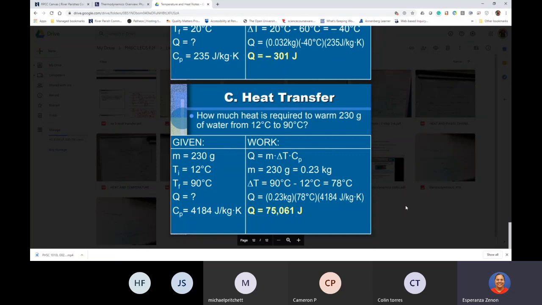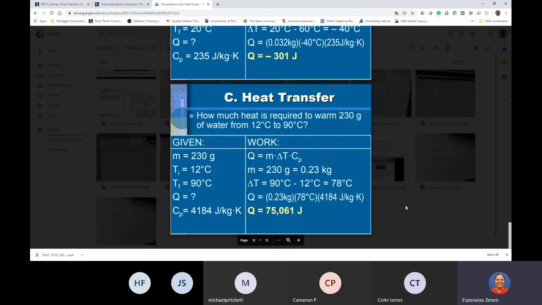Now just substitute into the formula. M is 0.23 kilograms. Delta T is 78 degrees Celsius. CP is 4184 joules per kilogram Kelvin. So when we multiply that out, we get 75,061 joules. So remember, we have to multiply the numbers, but we have to cancel the units properly.